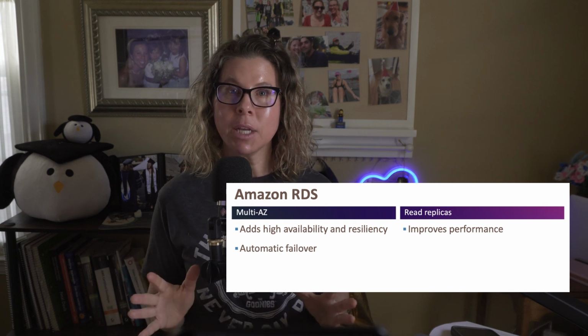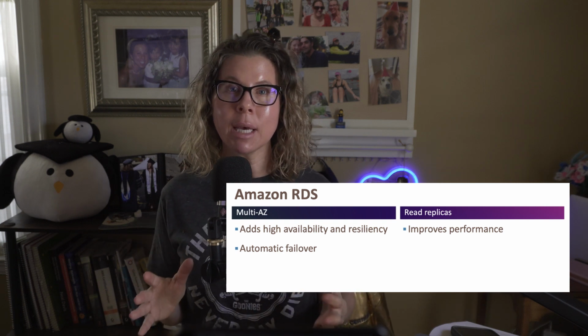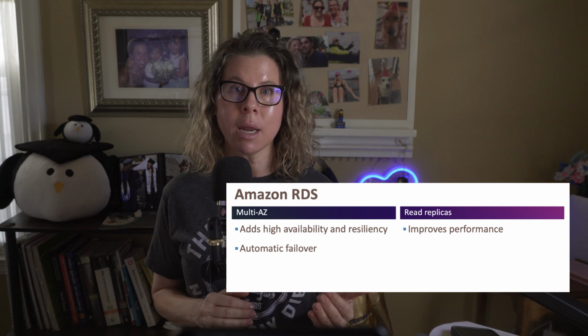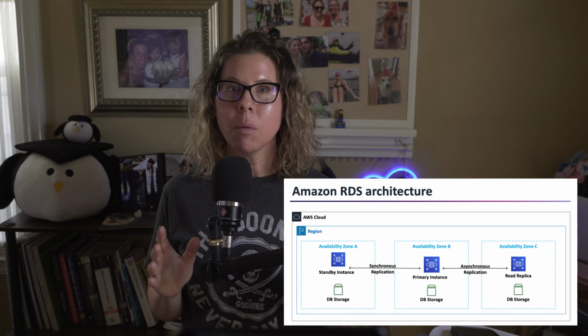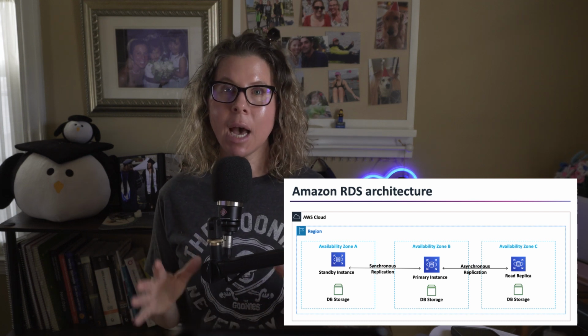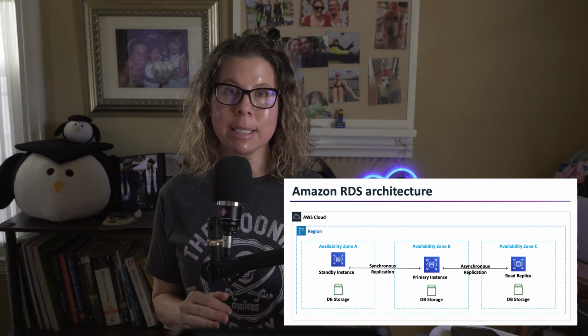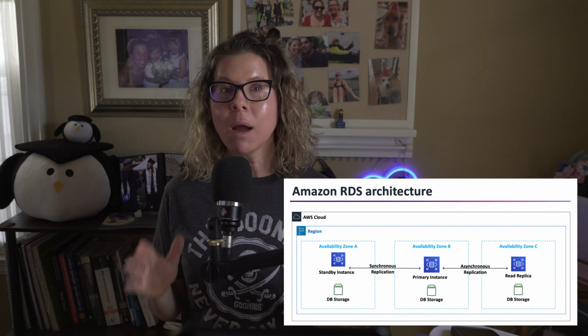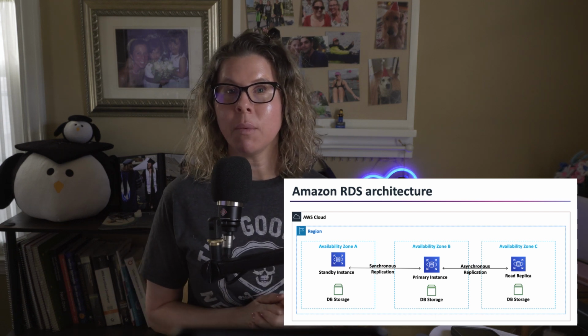The second feature is that you can add read replicas to add more performance to your database. Let's look at how read replicas work. In this example, we have an EC2 instance pointing to our RDS primary instance. Every time this primary RDS instance is written to, that write is replicated to our read replica.